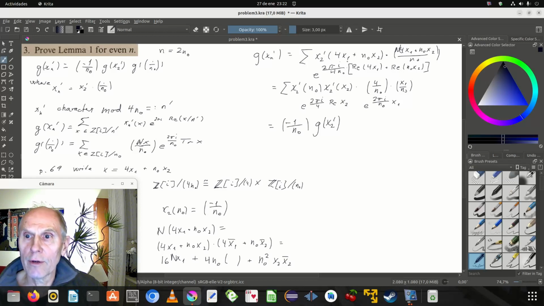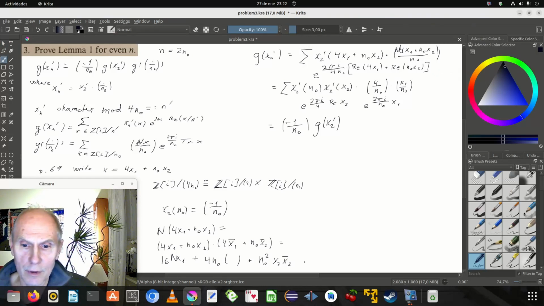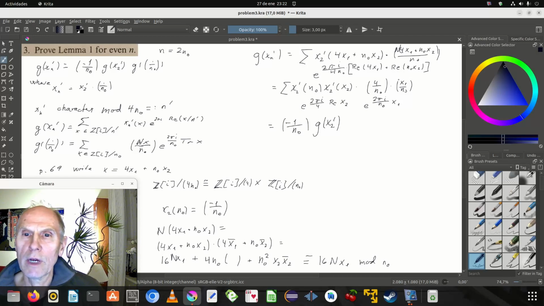Oh, and it's all modulo n naught, so it's just equivalent to 16 times the norm of x1 modulo n naught. And where did the 4 go? Oh, that's the square, of course.